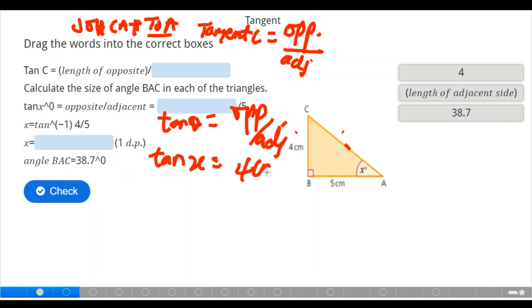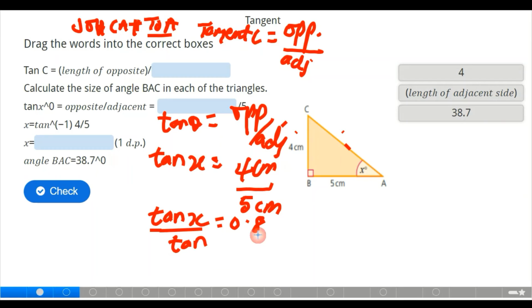Opposite is 4 centimeters, and the adjacent is 5 centimeters. Having that, 4 divided by 5 will give us 0.8. So we have tan x equals 0.8. Now we want to get x. It's like dividing this side by tan and the other side too by tan, so we cancel tan.